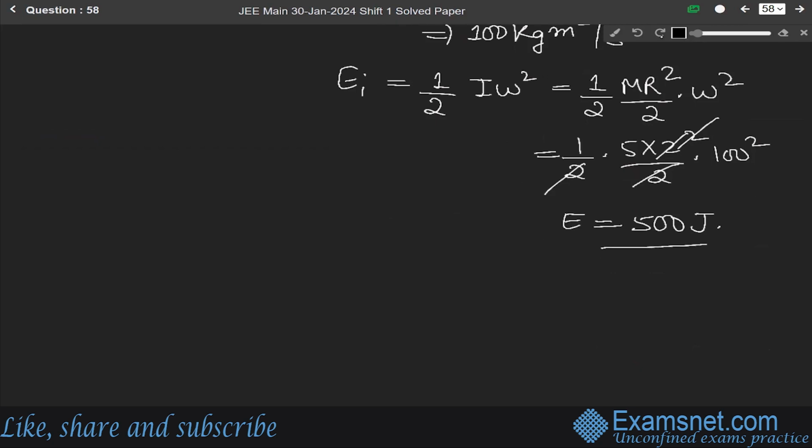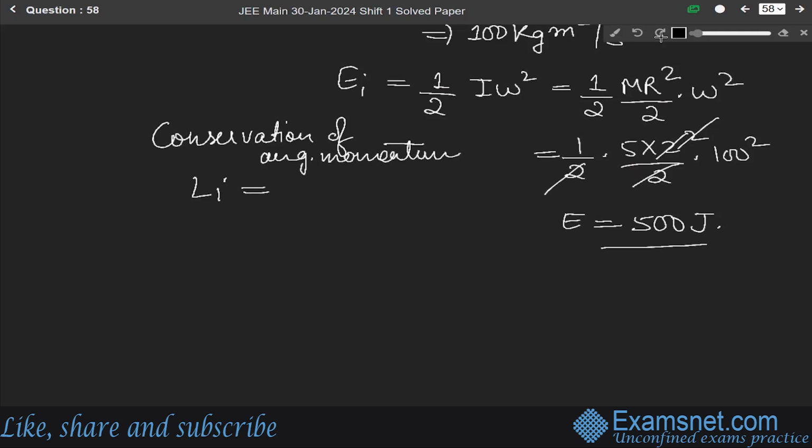Now, using conservation of angular momentum, Li will be equal to Lf, meaning initial momentum will be equal to final momentum.